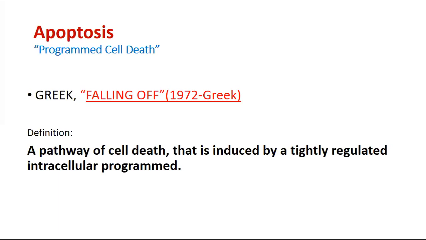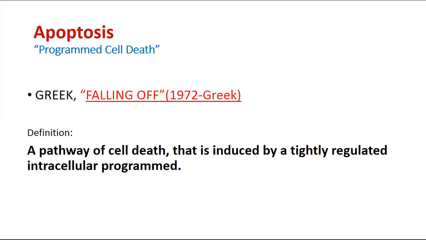So the definition is a pathway of cell death that is induced by a tightly regulated cellular program. So what is the definition of apoptosis? It's a pathway of cell death that is induced by a tightly regulated intracellular mechanism. So basically, it's a process of cell death, a process by which a cell dies in the body in a natural way. How does it happen? There is a highly regulated, highly managed intracellular program.